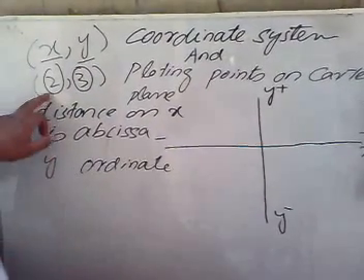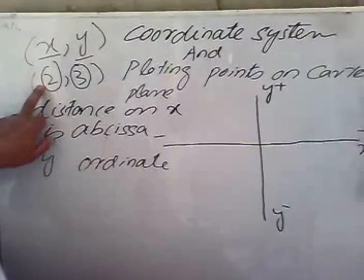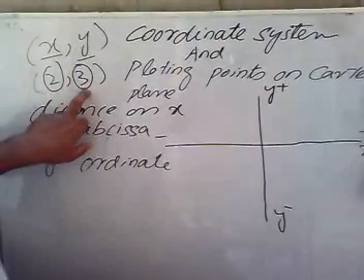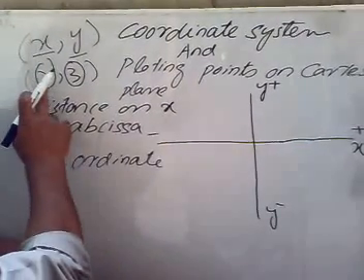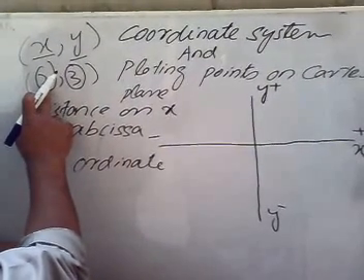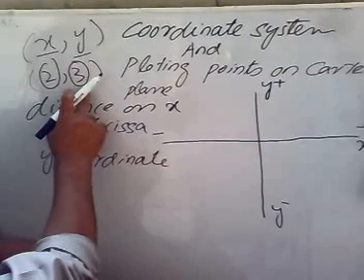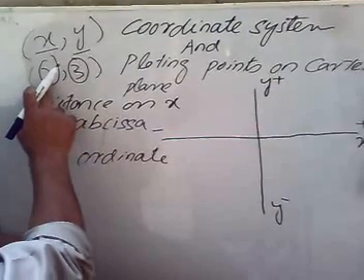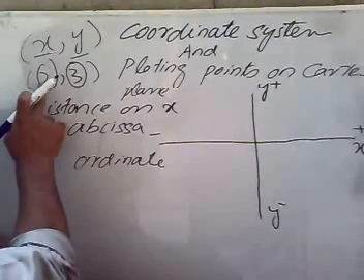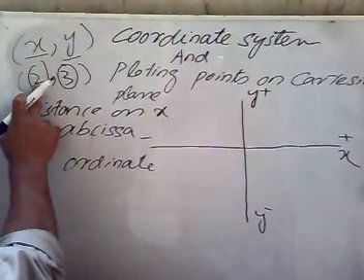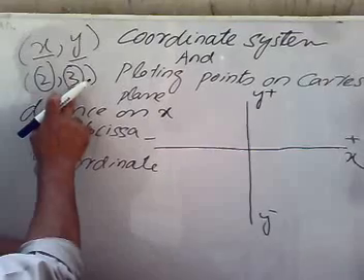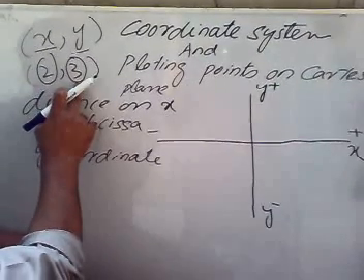It means that we will move 2 units in the x direction and 3 units in the y direction or y-axis. Here the sign of 2 is positive and the sign of 3 is positive, and the positive sign of the abscissa term represents that we will go to the right side, and the positive sign of y represents that we will go upward.